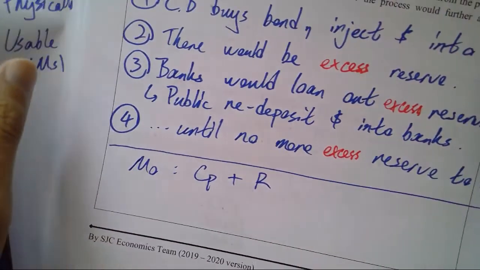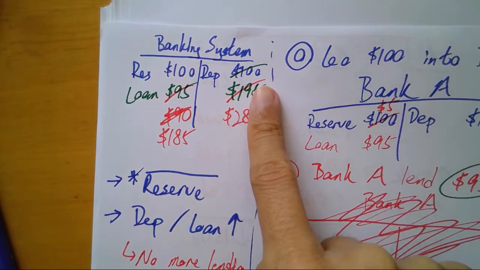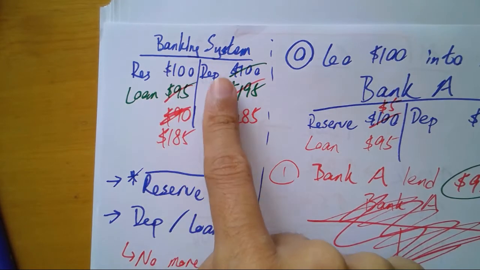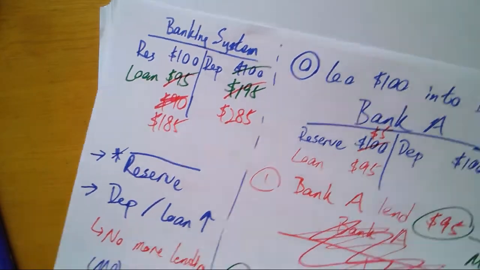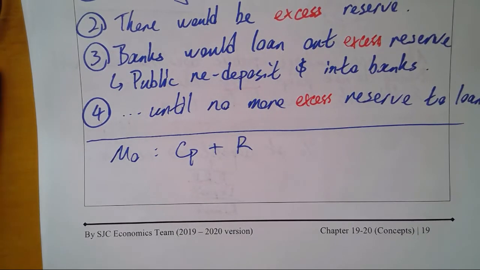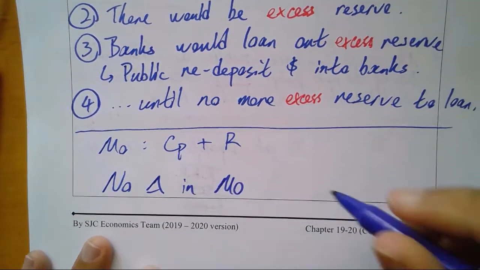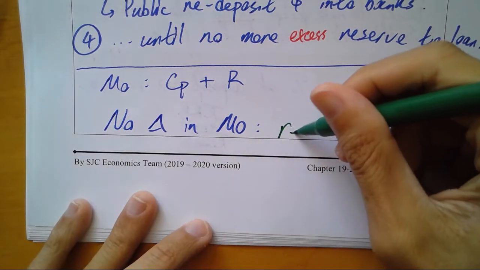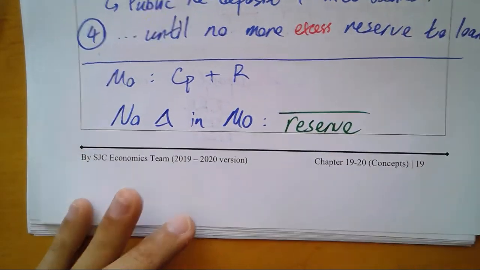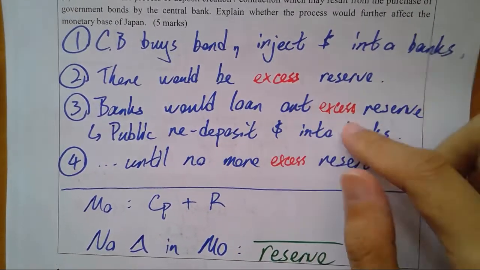Remember from our example here, 而家頭先我哋講啦 this process, no matter how it changes, reserve will not be further changed. 係唔會再變嘅 reserve 喺呢個過程之中，得唔得啊？我哋頭先講咗啦。嗱，therefore here there will be no change in M0 because now this time very important because reserve remains unchanged.